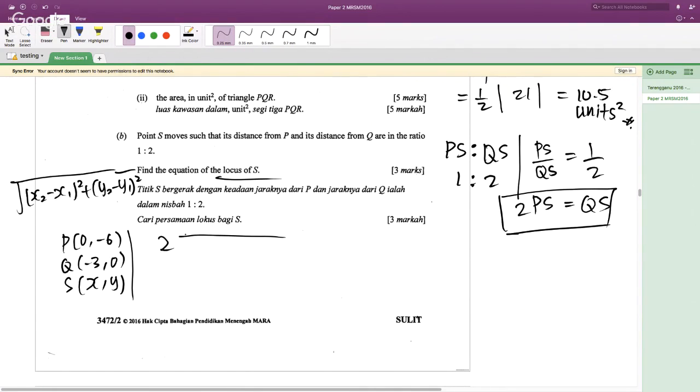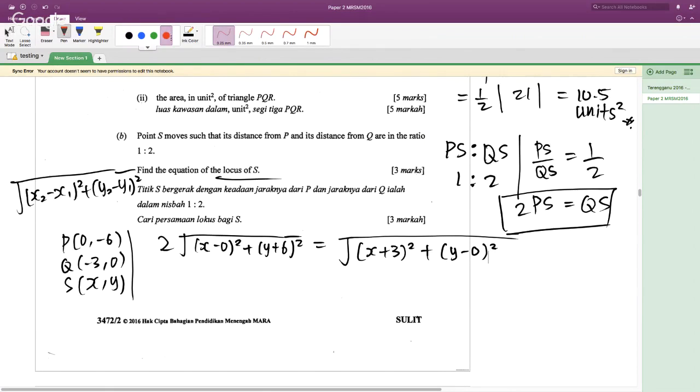For 2PS, I use the P coordinate and S: 2 times the square root of (x minus 0) squared plus (y plus 6) squared equals QS. I use the coordinates Q and S, substituting S first: the square root of (x plus 3) squared plus (y minus 0) squared.